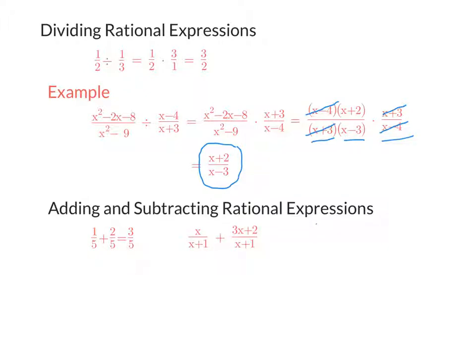Now if I had rational expressions instead, for example, x over x plus 1 plus 3x plus 2 over x plus 1, you can see that we have the same denominator, so all we have to do is add the numerators. So our result would simply be 4x plus 2 over x plus 1.